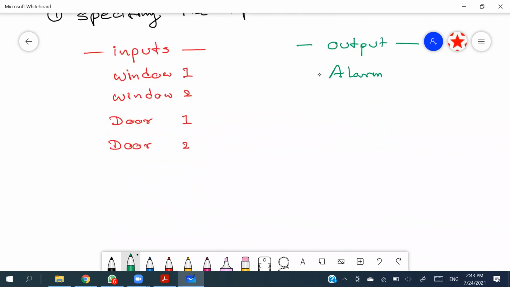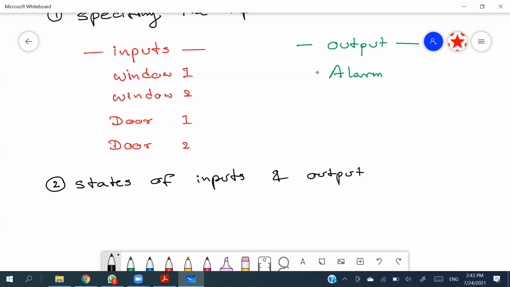So the next thing that we have to clarify is the states of the inputs and output.